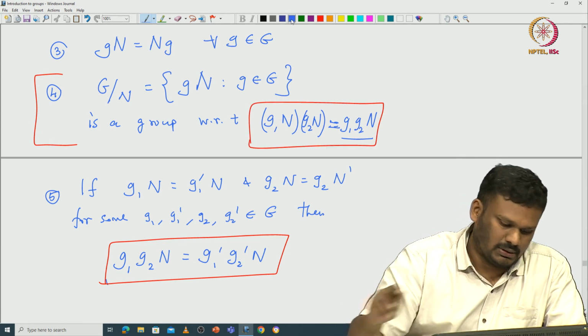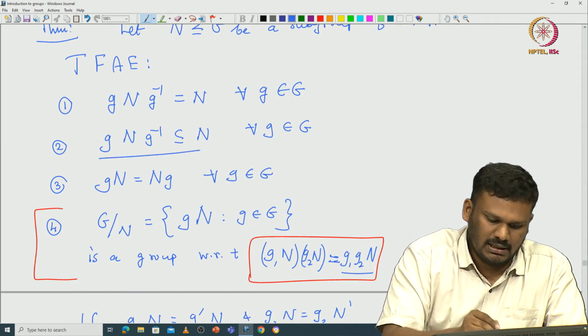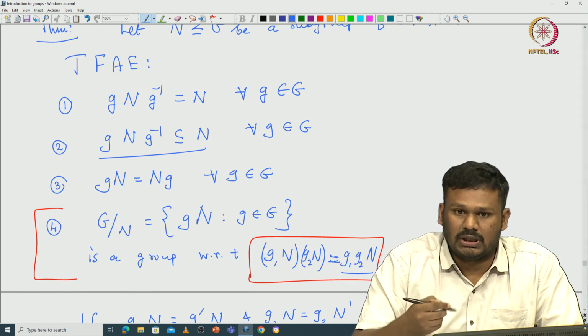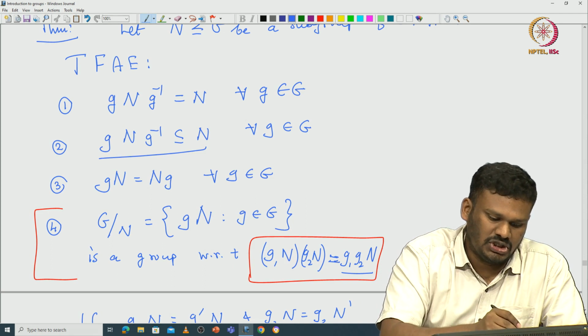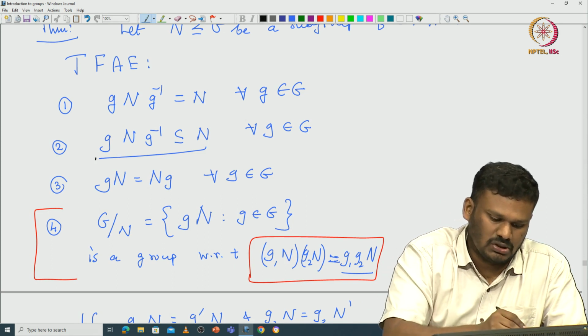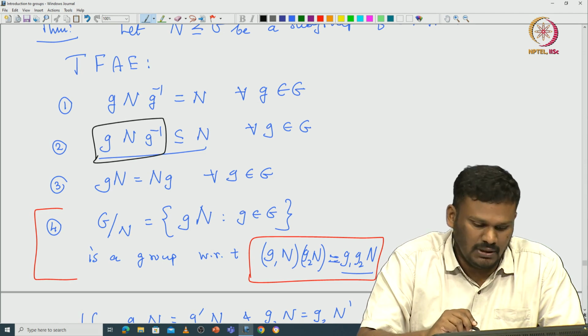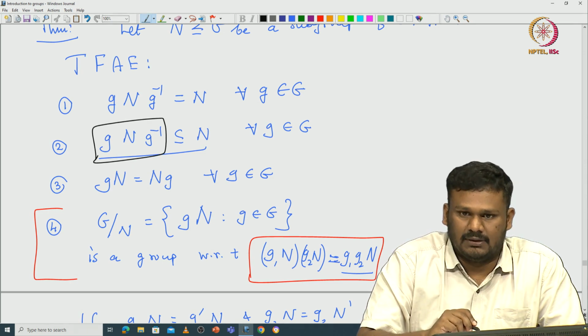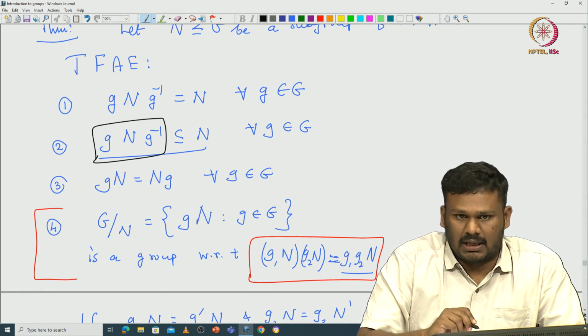Then again if you think about it, the second condition indeed says that if you conjugate capital N with any element g of G, so this gNg inverse, which is called the conjugate of capital N with respect to the element g, that must be a subset of N. That indeed says if you take any possible conjugate of capital N, that should be inside capital N. But capital N is conjugate to capital N by the identity element.